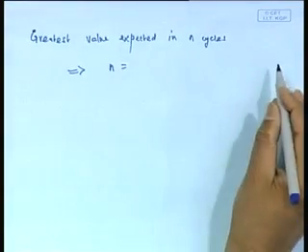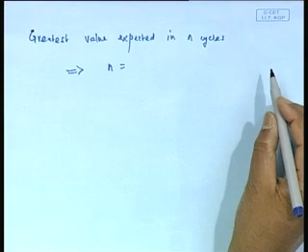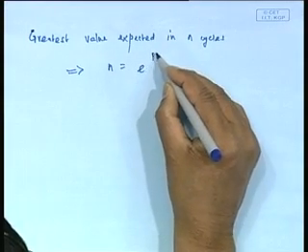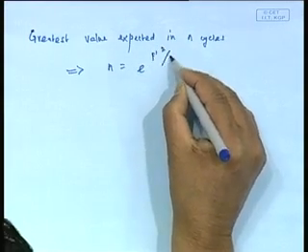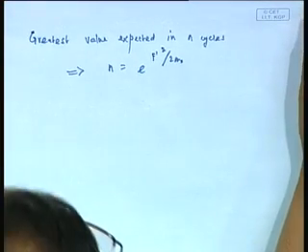Actually, the formula is that n can be obtained as e power of f dash square by 2 m0. Rather, this is not important. What is more important is time. See, I will just come to this time part.